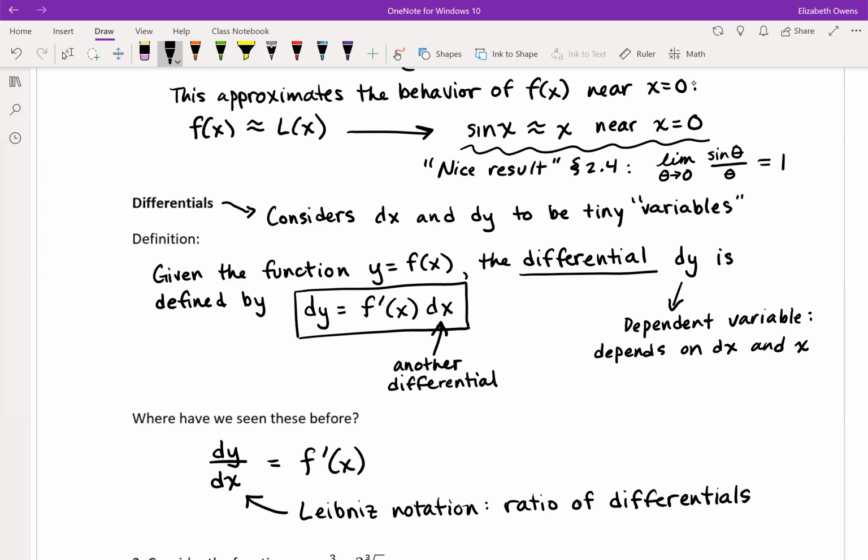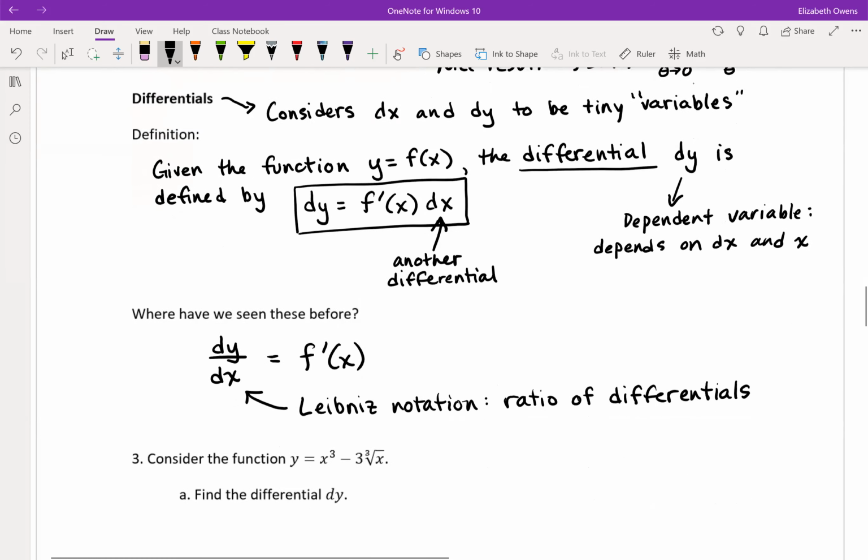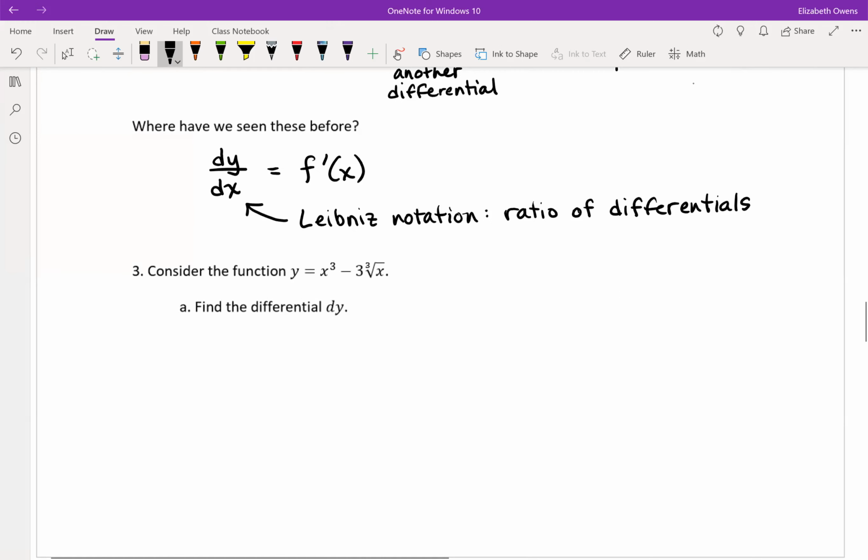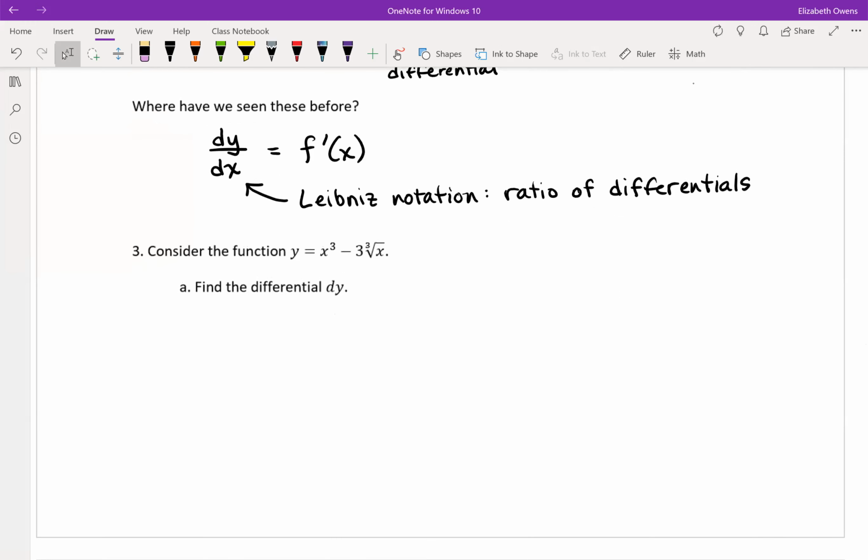Now let's look at a little example here. We're going to consider the function y equals x cubed minus 3 cube root of x. Lots of threes going on there. Let's start with our rewriting of this as we typically would. So that is x cubed minus 3x to the 1/3 power.